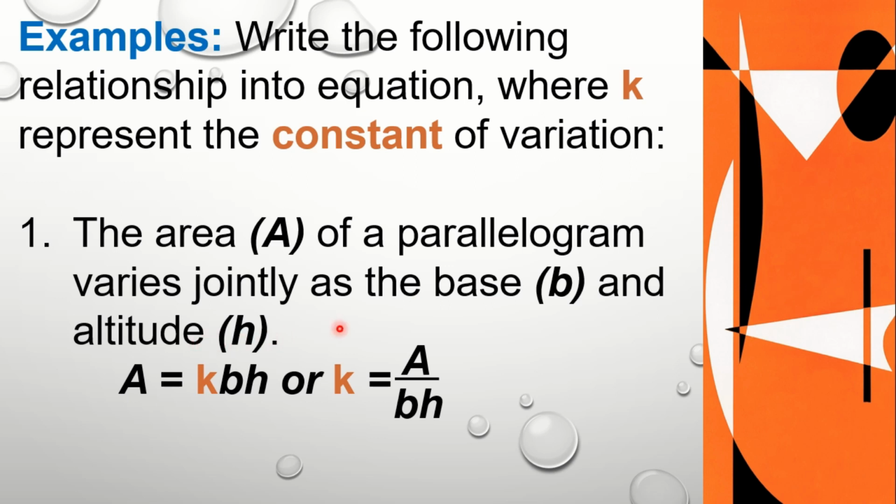As you can see, not only two quantities are involved, but two or more quantities. So we write A is equal to K times B times H, or K is equal to the area over the product of the two quantities, base and altitude.